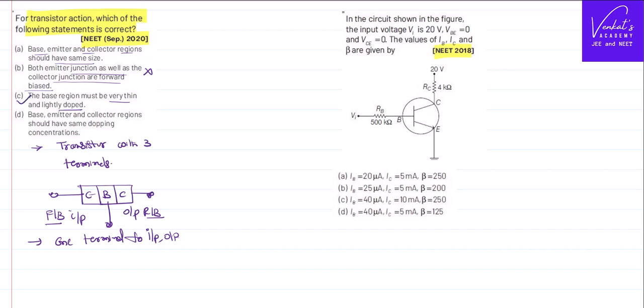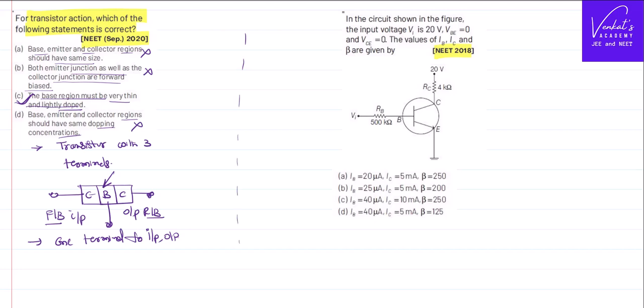This is correct, because base is in between emitter and collector and connects the other two regions. So it's a thin, lightly doped region. The option that base, emitter and collector should have the same doping concentrations is wrong, as I already told you. So the only correct option here is the third option. It's a simple theoretical question.